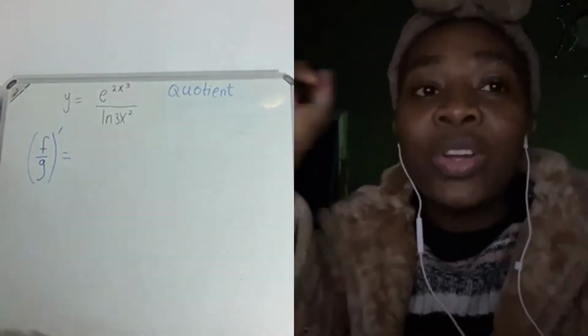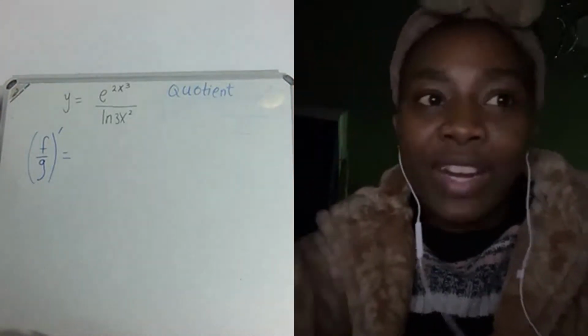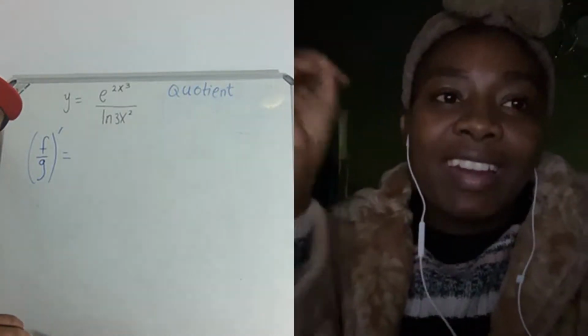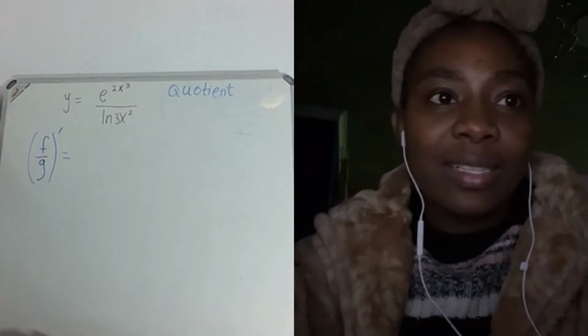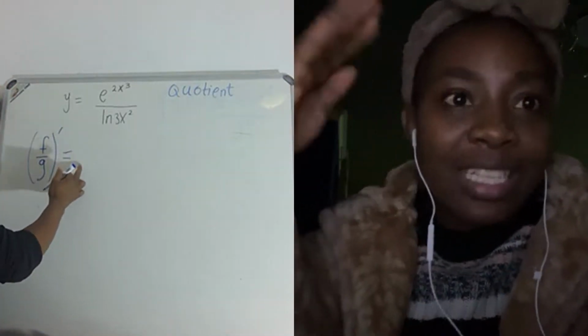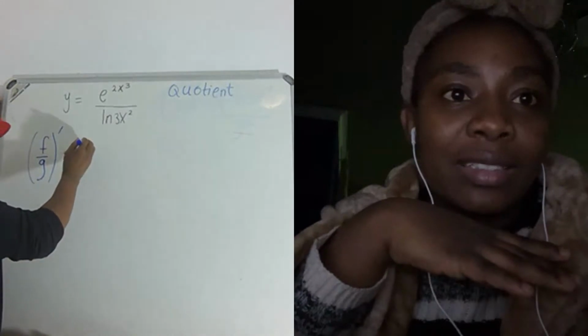Should I just write the rule, or differentiate everything? What I was going to say, write the second one, the denominator, g, constant.